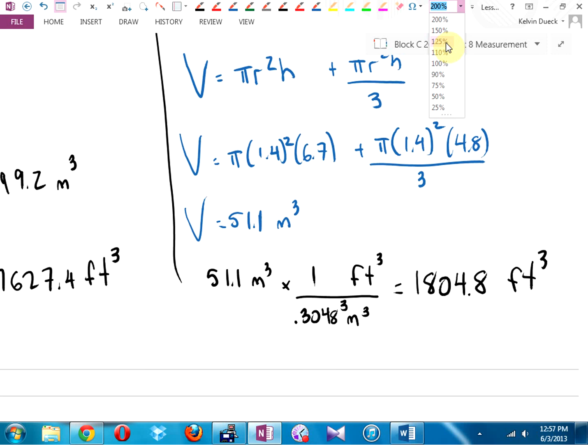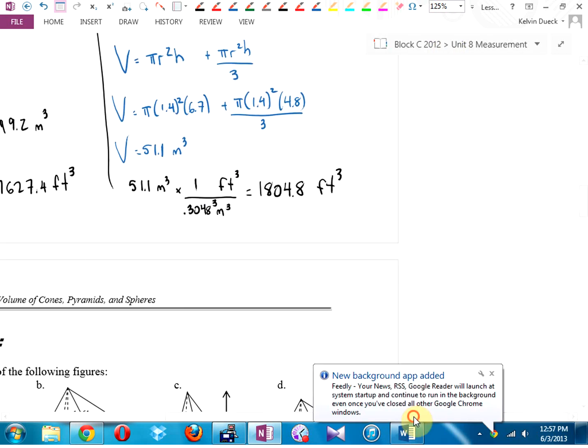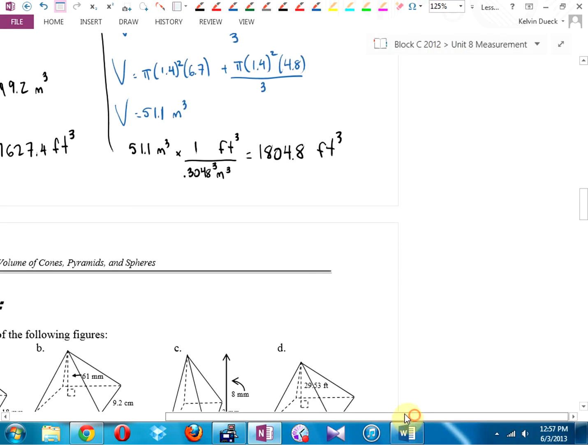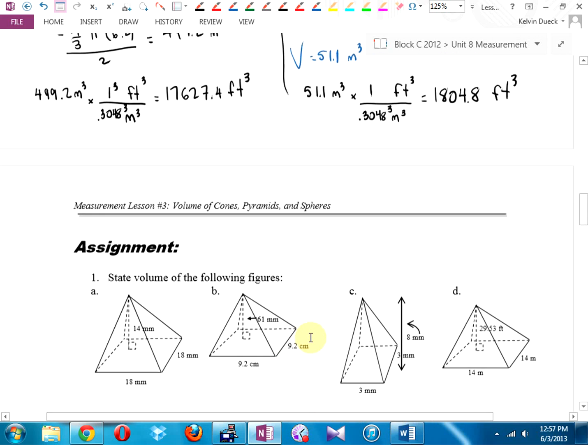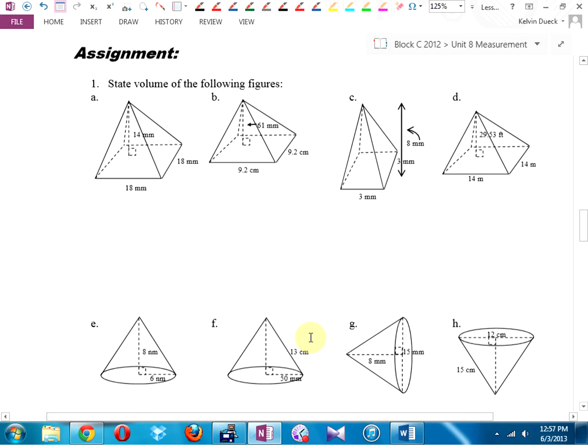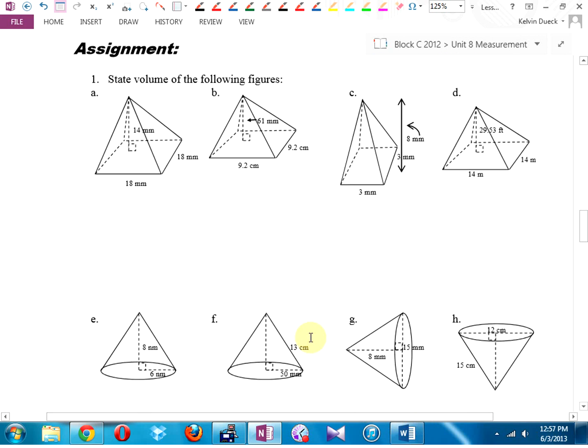What's your homework? Nothing. Right. What's your homework? For lesson 3, I'm going to emphasize more of lesson 3 because to find the volumes of cones and pyramids, you kind of had to find the volume of prisms and cylinders anyhow.